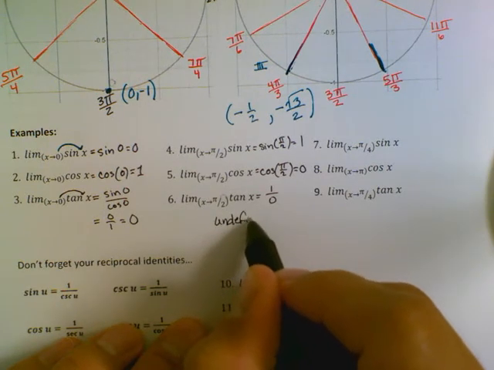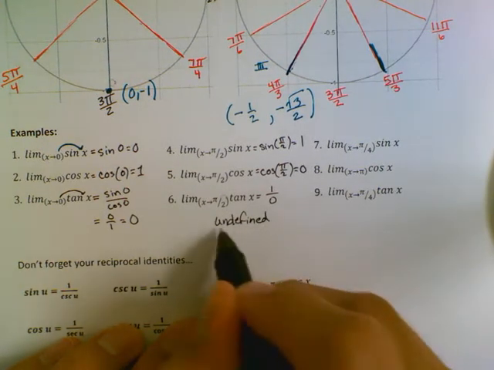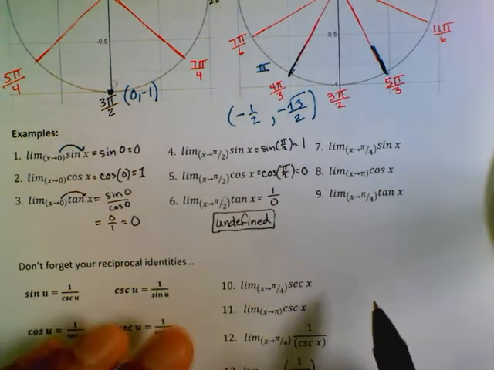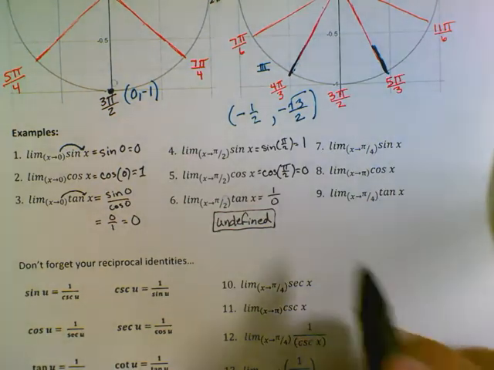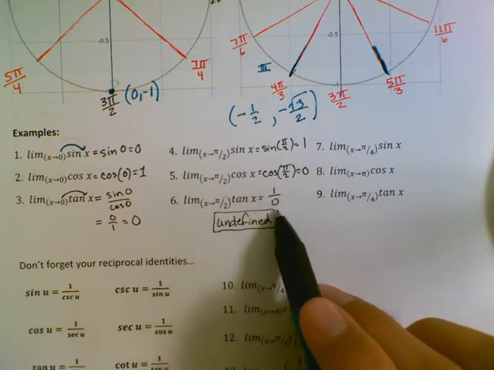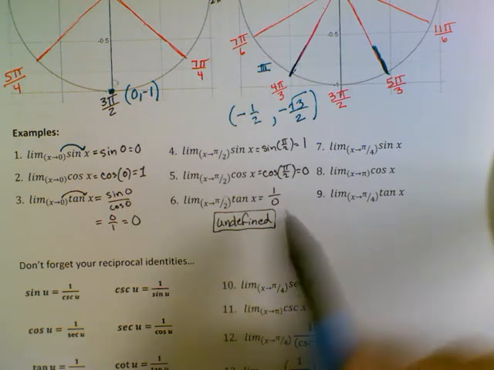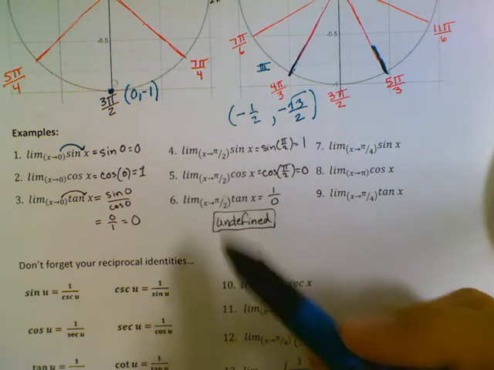Now, if we got something like 0 over 0, we would have to do something more. But with 1 over 0, we would actually search for a vertical asymptote, so we go a little bit to the left and a little bit to the right.